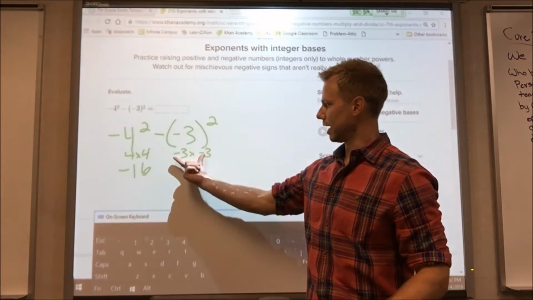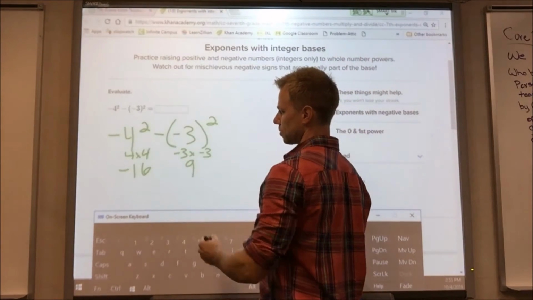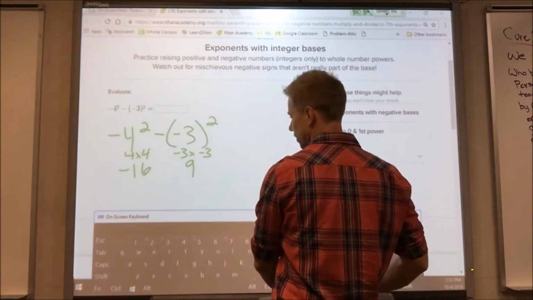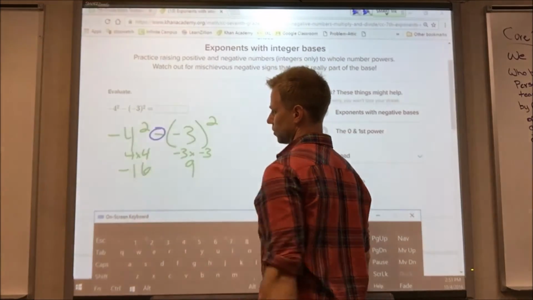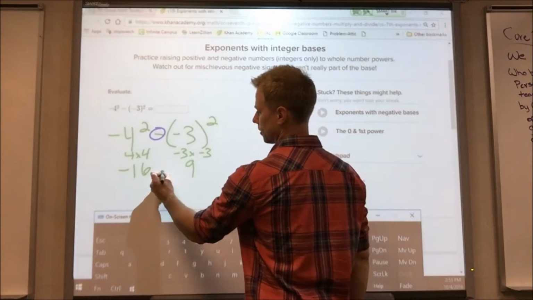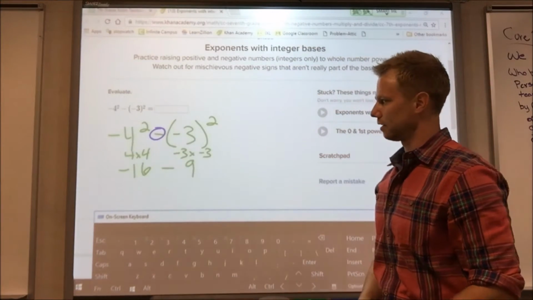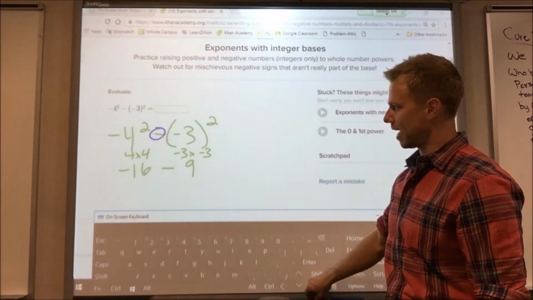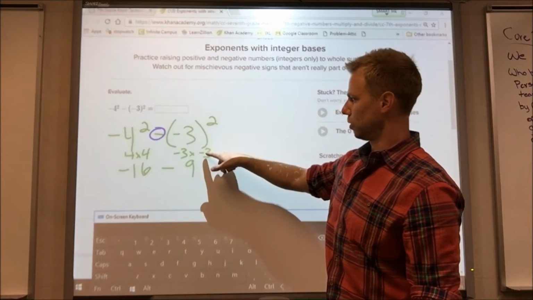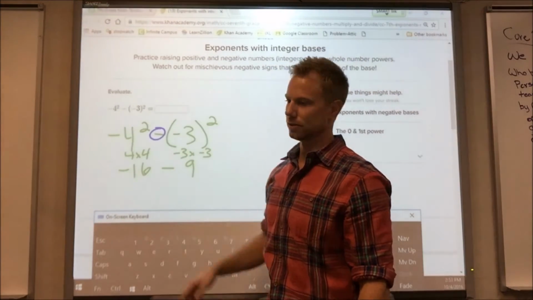And then we have like signs make a positive. 3 times 3 is 9, so it becomes a positive 9. Then we still have this other negative, which is subtracting in between, we have to carry that down, and it turns into -16 minus 9. So when we have parentheses, the negative is included when we multiply. When we don't have parentheses, the negative is added on to the end.